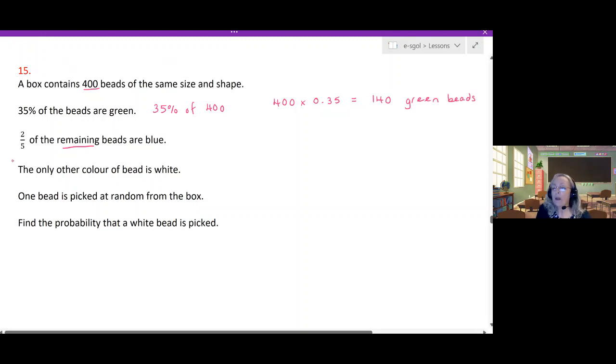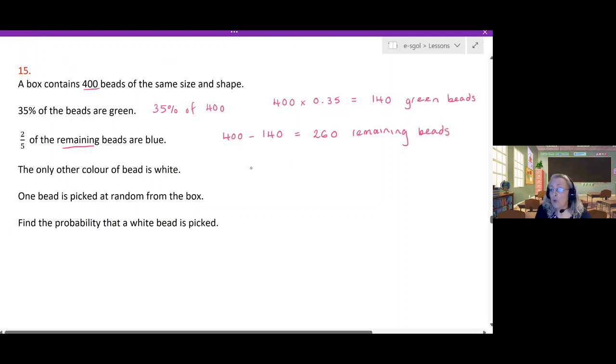So I found the number of green. Then it says 2/5 of the remaining beads are blue. So I've got to work out how many beads are left. Now we started with 400 beads and I know I've got 140 green beads. So subtracting 140 from 400, I'm left with 260 remaining beads. And I've got to find 2/5 of these.